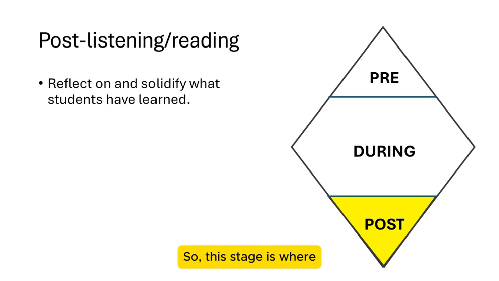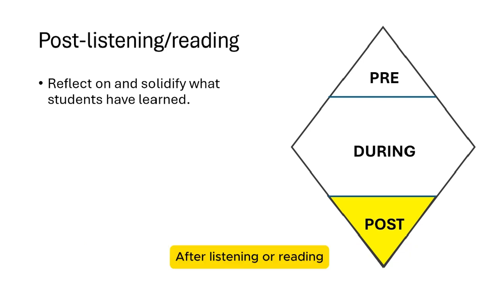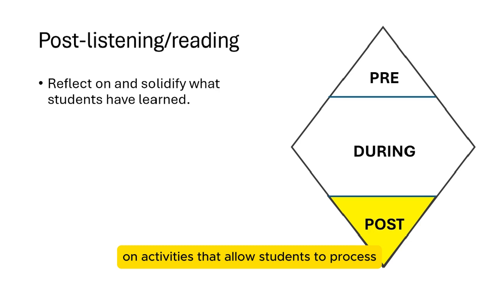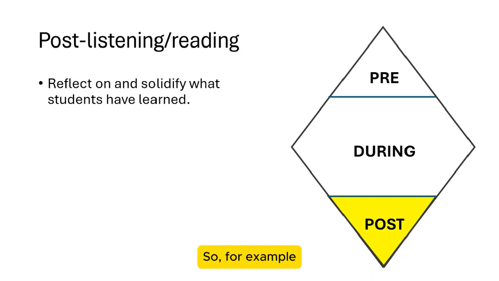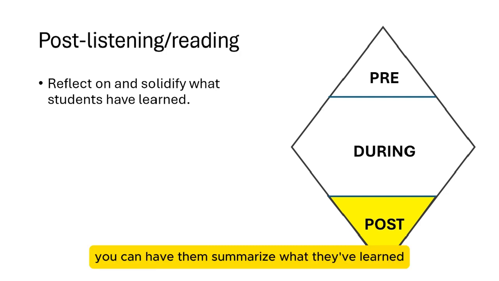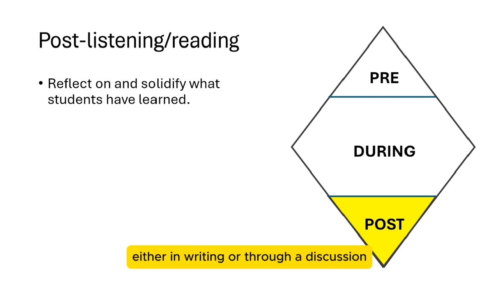So, this stage is where they really deepen their understanding of the material. After listening or reading, you want to focus on activities that allow students to process the information and connect it to their own thoughts or experiences. So, for example, you can have them summarize what they've learned in their own words, either in writing or through a discussion.